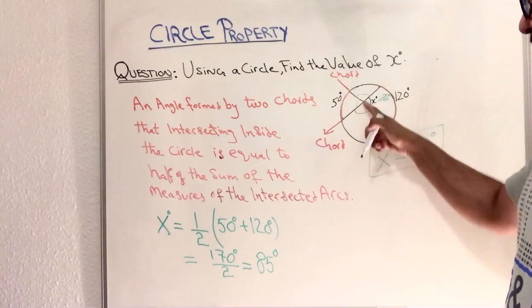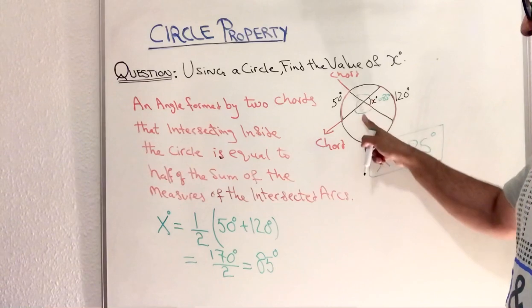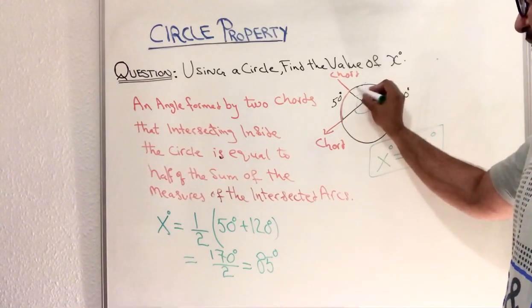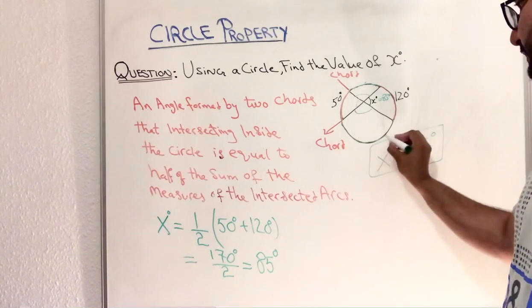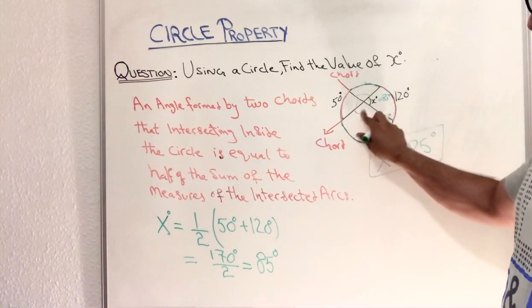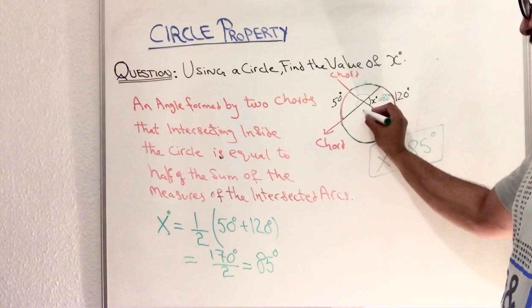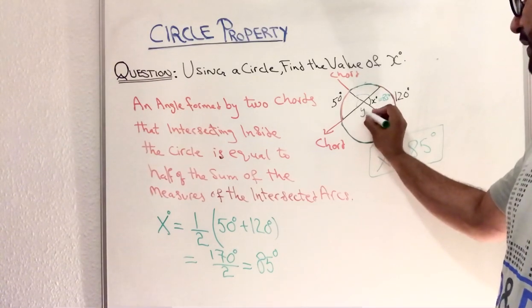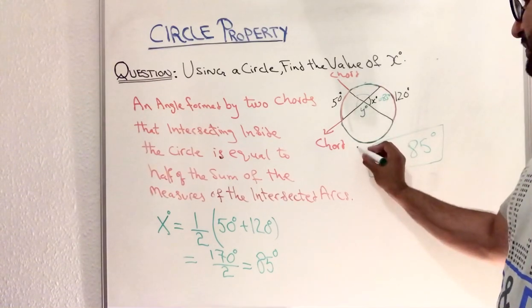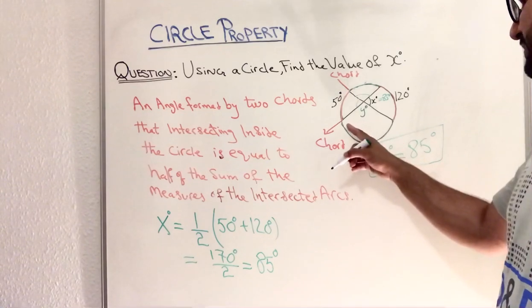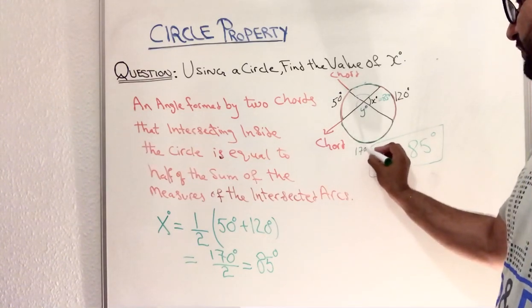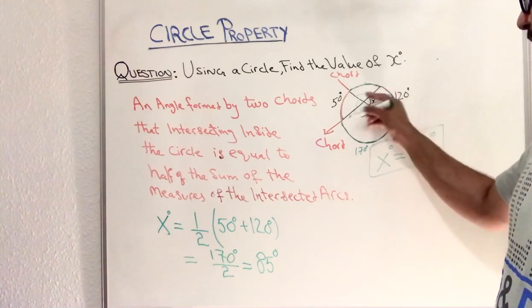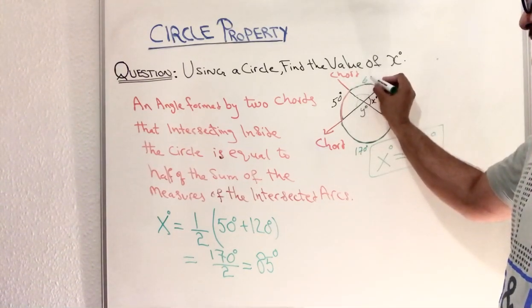If they ask you to find the angle of that side, then they must have given this arc and this arc. For example, this is 100, that's more, so that's 170 degrees, and this is 60 degrees.